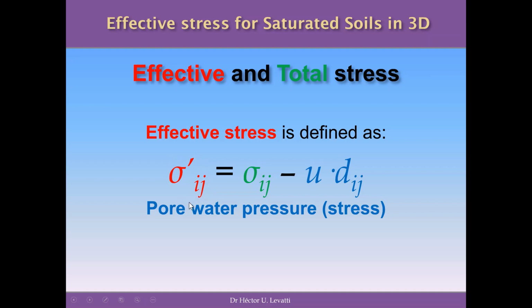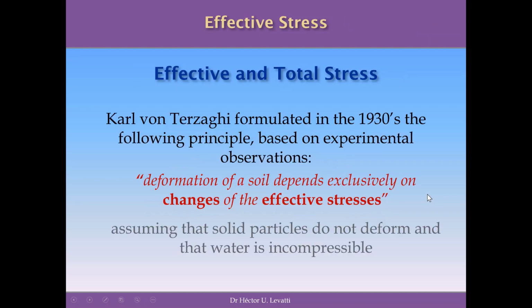So the effective stress tensor is equal to the total stress tensor minus the spherical pore water pressure. You can represent it in this way. But the concept of effective stress still remains the same.